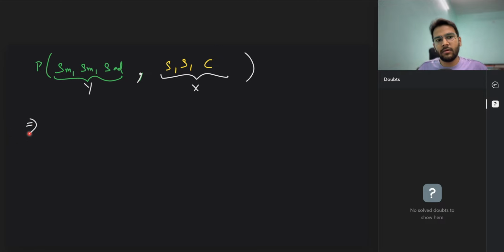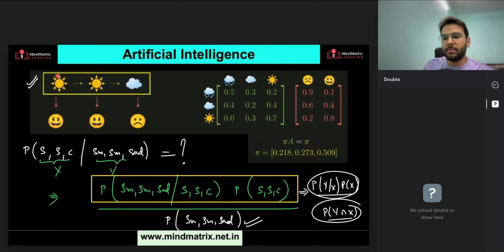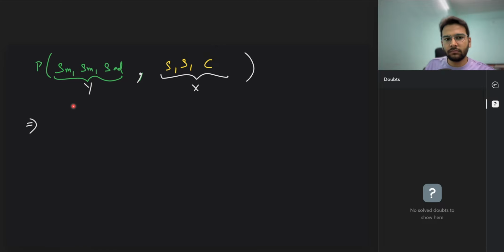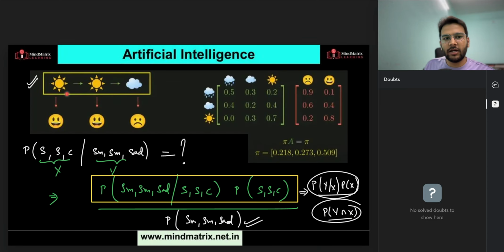Now it's very simple. Just now we have seen how we can find it. So probability of sunny is nothing but the same thing. Let me write it in terms of x1, x2, just to avoid any confusion.